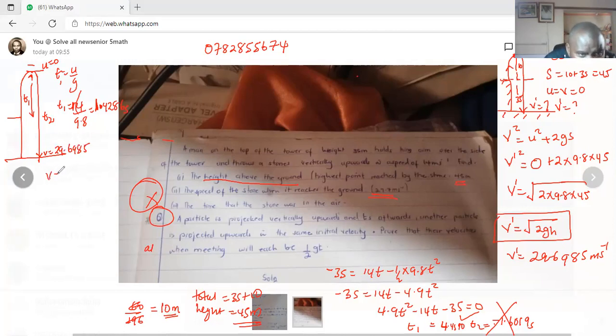So from V is equal to U plus GT, you will see that 29.6985 is equal to 0, the initial velocity, plus 9.8 times T2. Can you get T2? 29.6985 divided by 9.8. What answer do you get for T2?